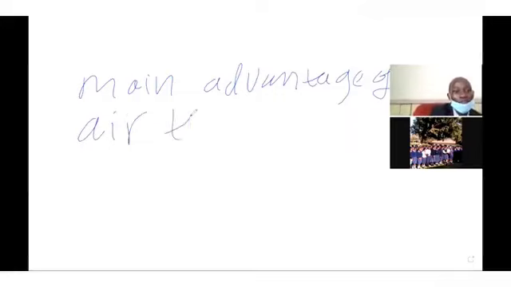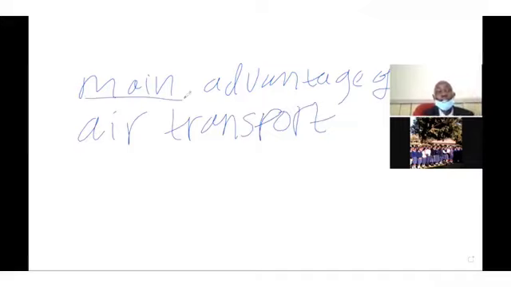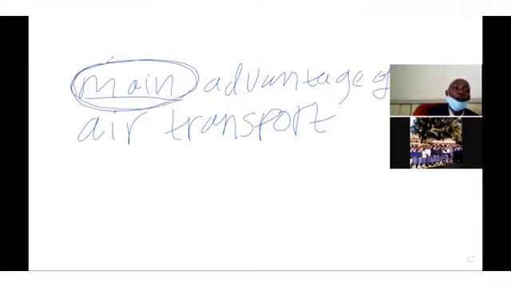Or: what was the main method of trade used during pre-colonial Africa? Now, this question requires only 1 point, only one.